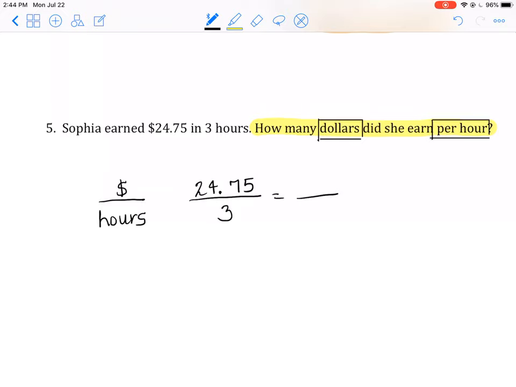And we want to break that down to a single hour. So let's say 3 in there and 3 in there. That'll be 1. And I can do this one in my head. $8.25 per hour is your answer. Not 82, $8.25 per hour.